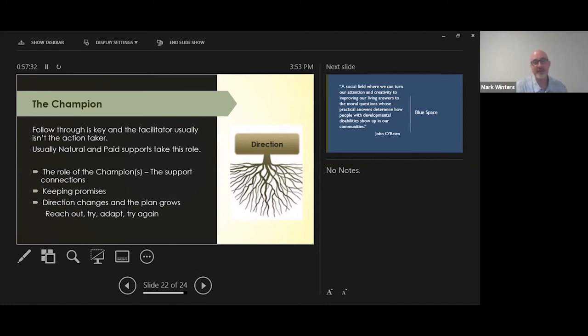It's about supporting the connections that happen, the connections that emerge, and the connections that are made as part of the planning process. When we identify, okay, person A needs to go speak to person B, the champion needs to be the one to make sure that person A and person B actually had that conversation.